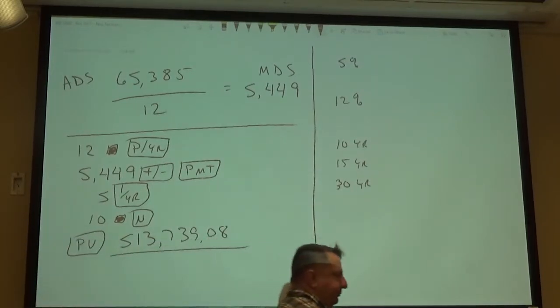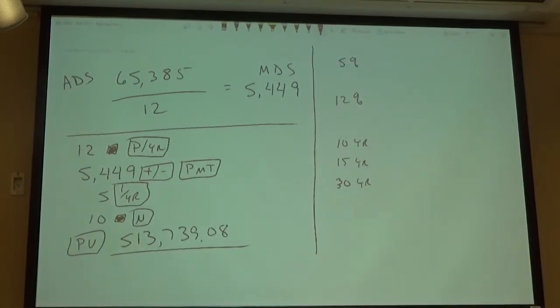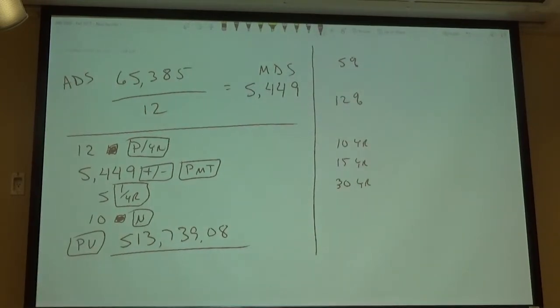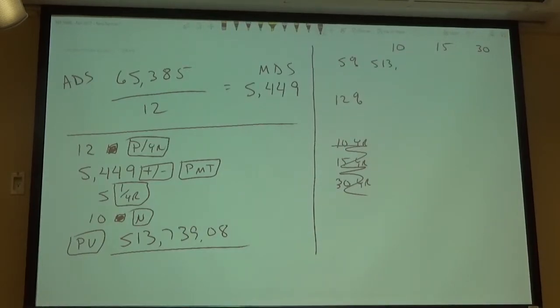So let's just see what the resulting impact would be. Okay, so for a 10-year loan, 15, 30-year, scratch them out down here, and we'll say, okay, right here, 513,739 is the amount we can borrow. Okay? Everybody see that? All right.